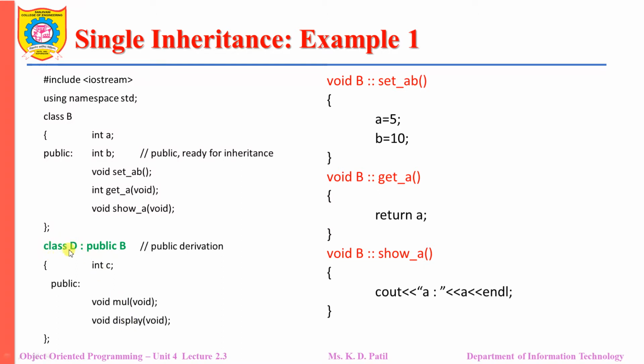Now, class D is inheriting the properties from class B with public derivation.